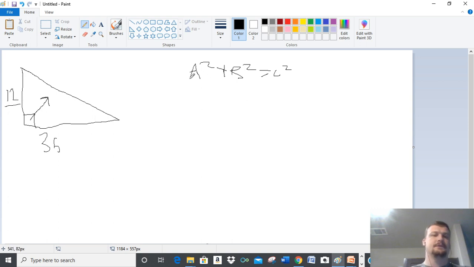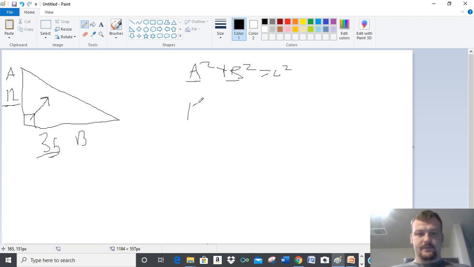But you might be wondering, could you use 35 as A? Now think about that. You could, because 12 and 35 are basically doing the same thing regardless of whether you plug them in as A or B. But I just like always calling this A and B. Anyway, that may have been some pointless information, but whatever.